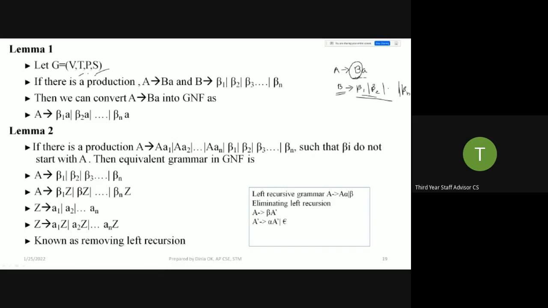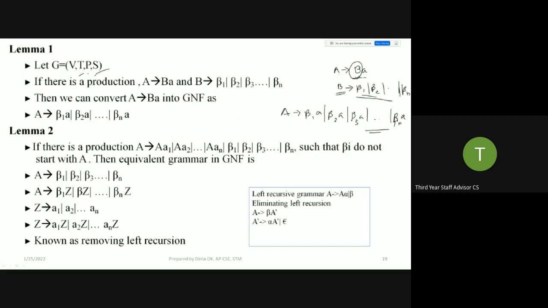That is, we will replace the right-hand side here. So our production becomes A implies beta 1 A or beta 2 A or beta 3 A, etc., up to beta n A. Okay. So we will have this kind of production; that is lemma 1.